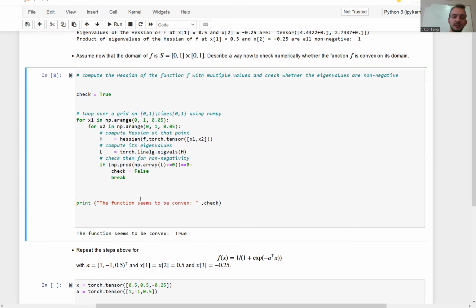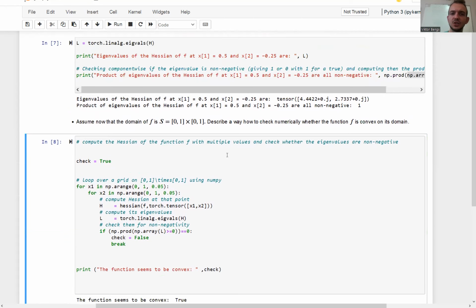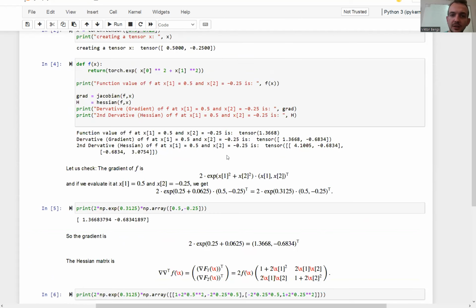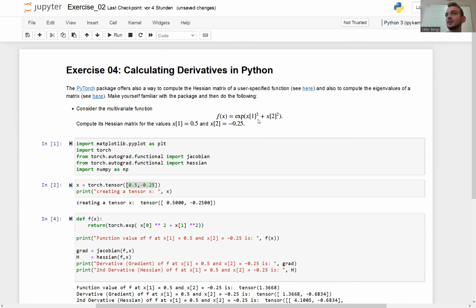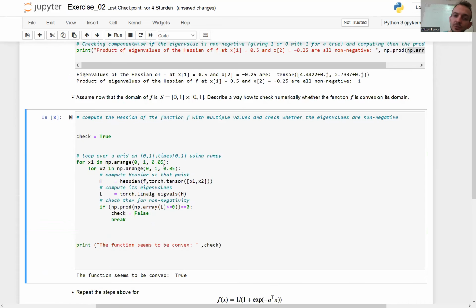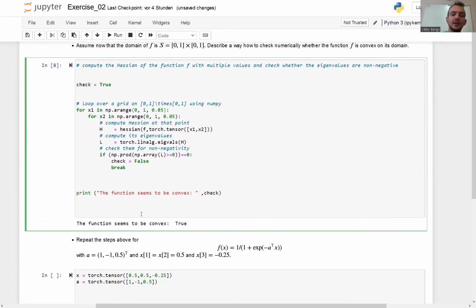And well, we had this in the last exercise sheet. This function here is convex. So this is a convex function. We could make the grid finer and finer, but the check will still be true.